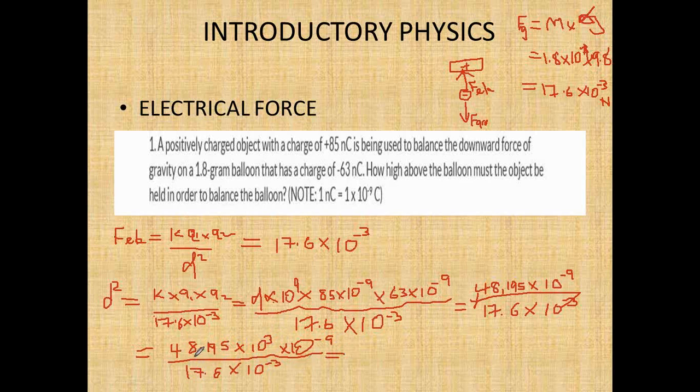So what we can do now is divide 48.195 by 17.6, and that is equal to 2.74.